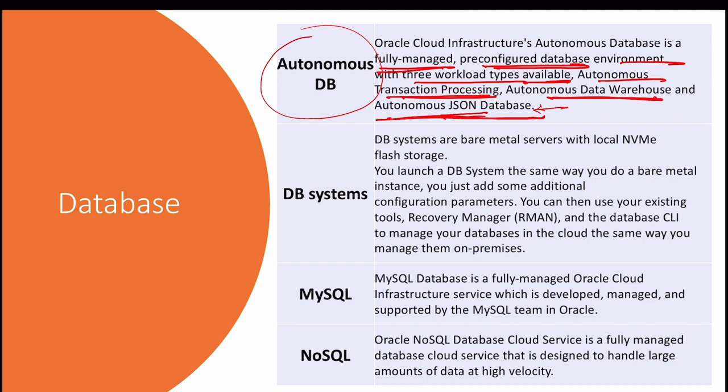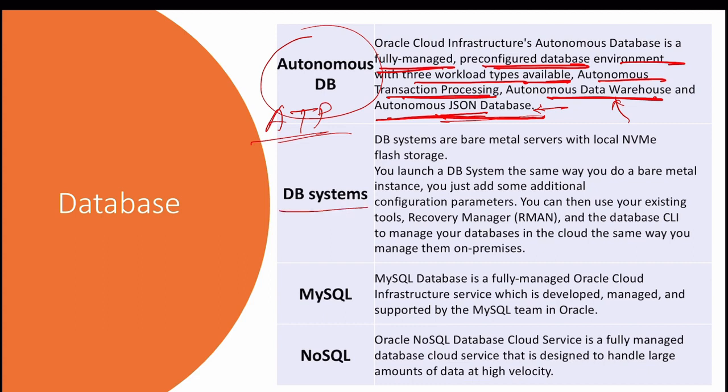Just to understand, when we need to talk about data like video streaming or transaction data, we will use ATP, autonomous transaction processing. When we talk about data warehousing, we will use ADW. The JSON database is used for JSON data.